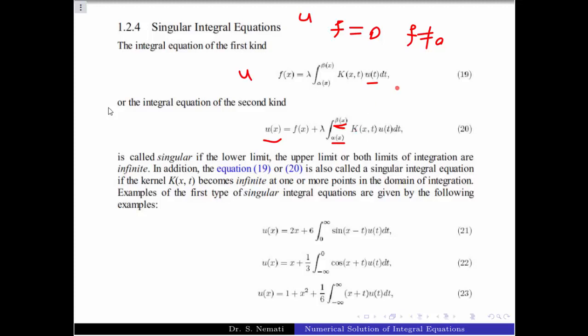It means that we have something like this: negative infinity to A, or A to positive infinity, or we have the integral from negative infinity to positive infinity.